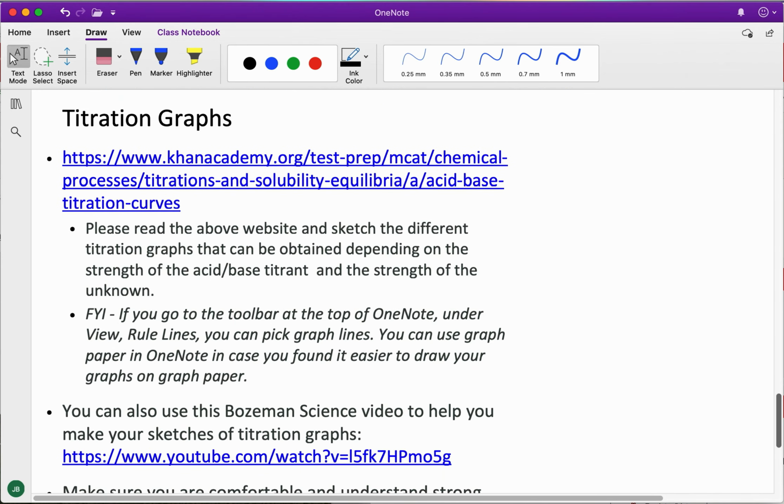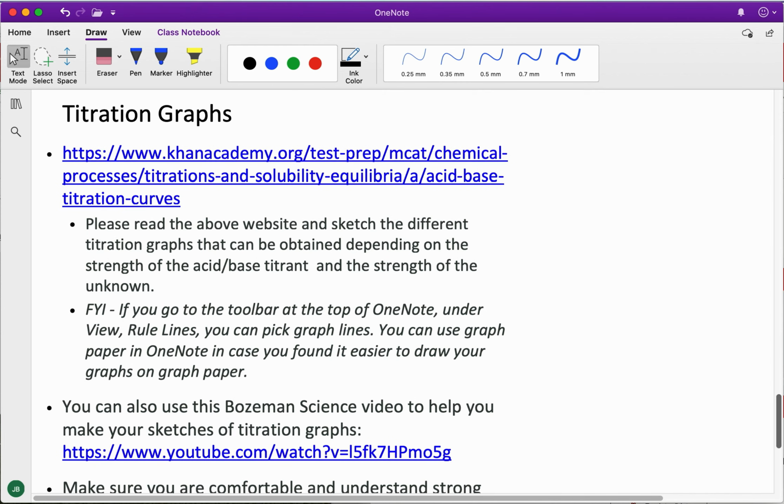All right, just a little bit left. Another thing I would like you to learn about is titration graphs, what they look like. Because you have different combinations, what's in your burette could be a strong base being added to a strong acid.